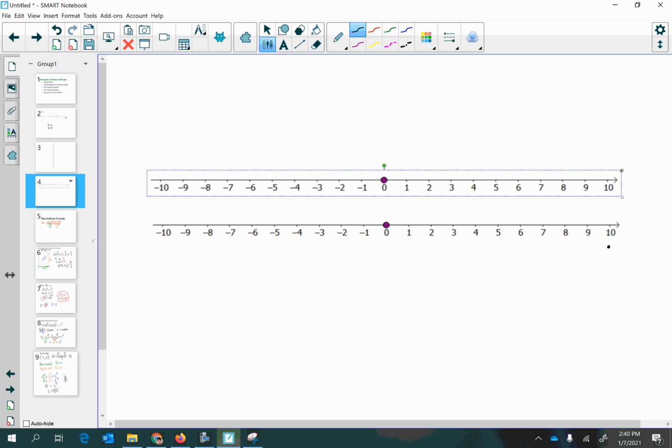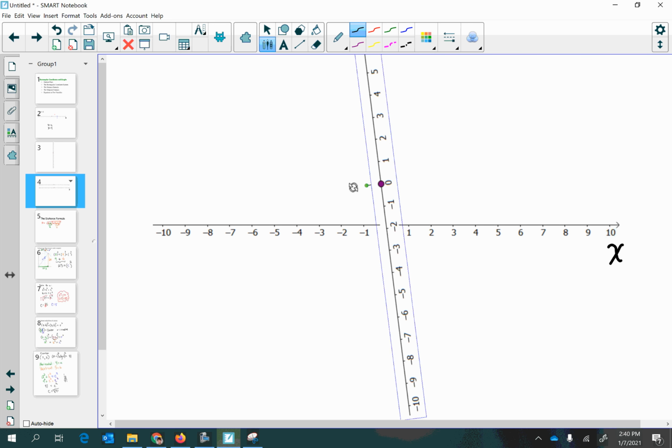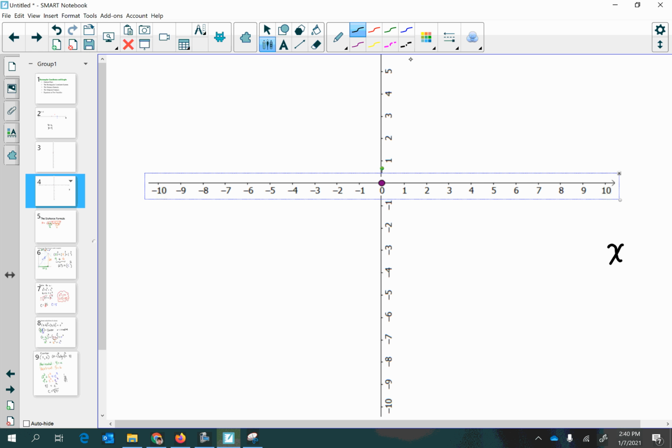The first one we've named x, and let's make the second one our y. We'll let the vertical direction be y and the horizontal direction be x. So now we can move side to side on the x-axis, and y can be different values by moving up and down on the y-axis.